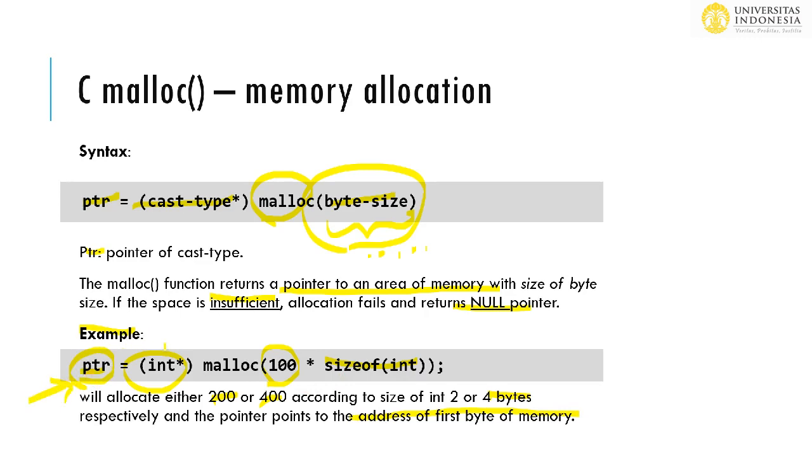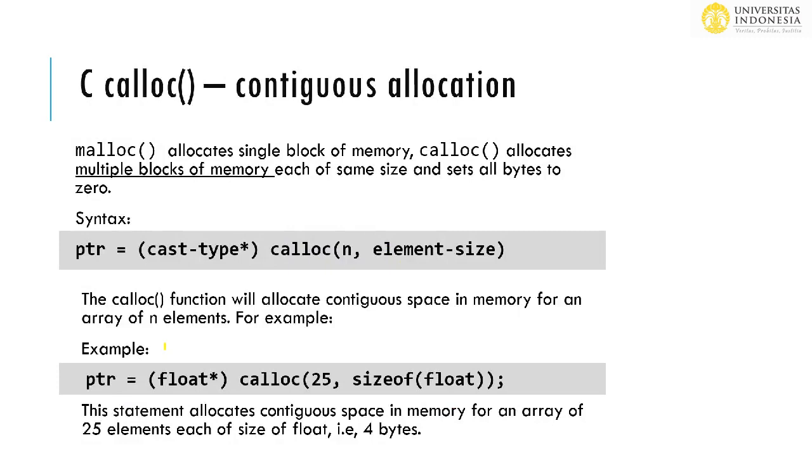All right, so the next one is calloc, contiguous allocation. Different from malloc, which allocates a single block of memory, meaning 400 bytes or 200 bytes as a single block that you want to allocate, calloc can allocate multiple blocks of memory like an array, right?